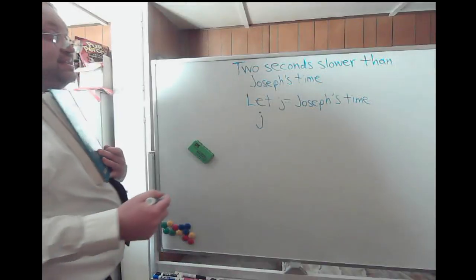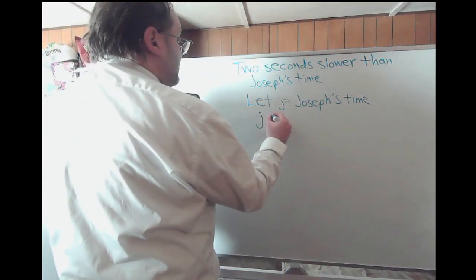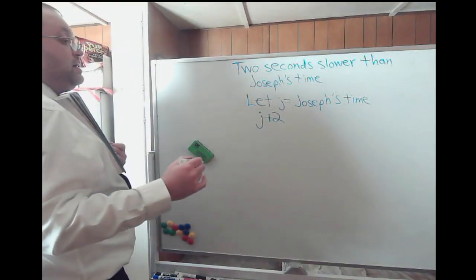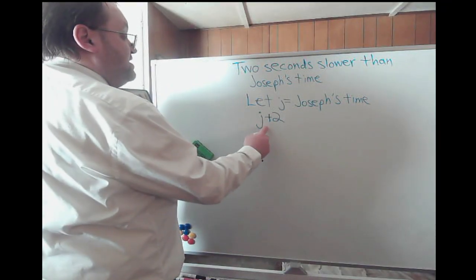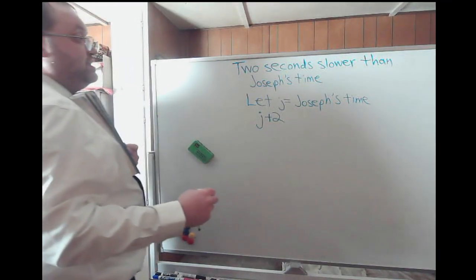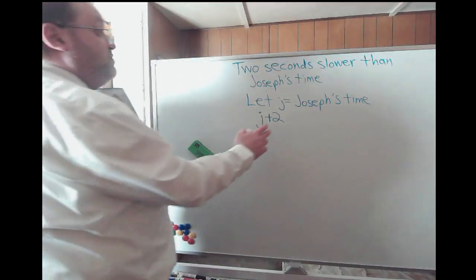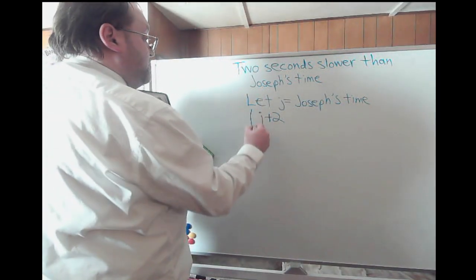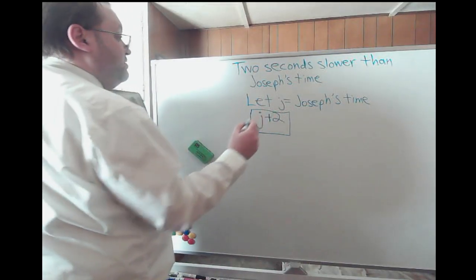You're actually adding time if it's slower. If it were faster, you'd be subtracting time. So it's going to be Joseph's time plus 2 seconds, because whatever this is, it took 2 seconds longer than Joseph's time. It was slower. So your answer is going to be j plus 2.